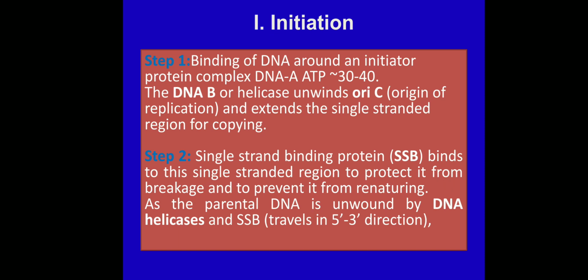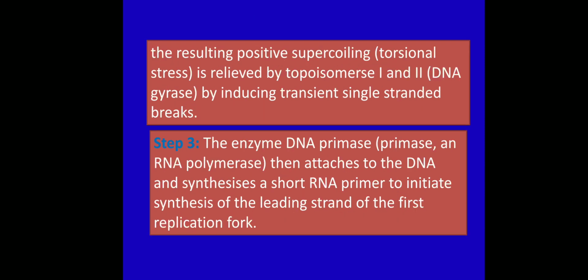As the parental DNA is unwound by DNA helicases, with single stranded binding proteins, it travels in the 5' to 3' direction. The resulting positive supercoiling is relieved by topoisomerases 1 and 2, the DNA gyrases, by inducing transient single stranded breaks.